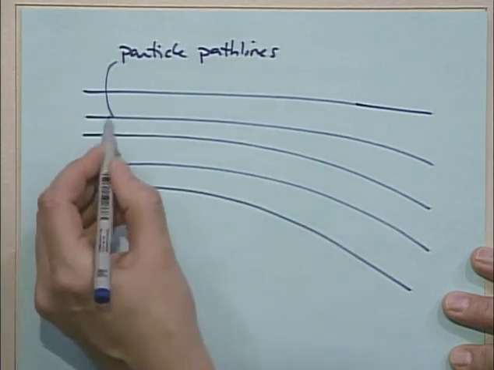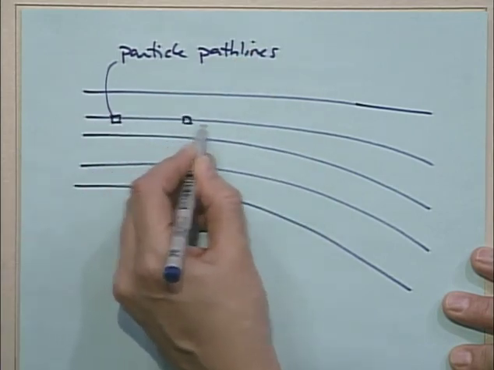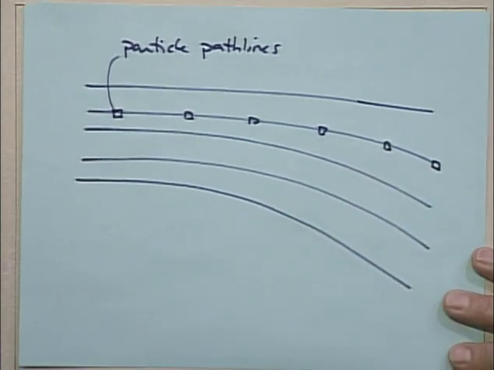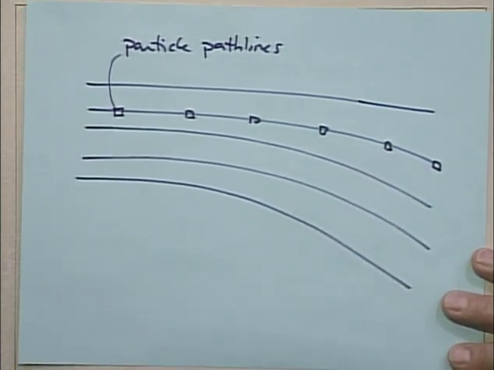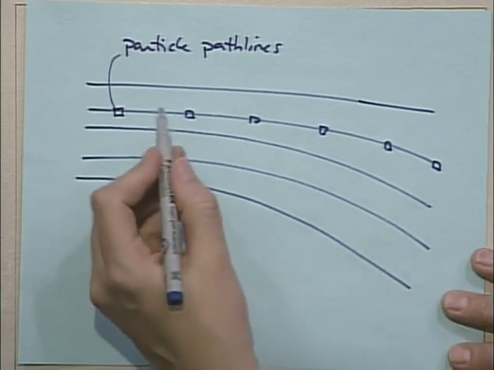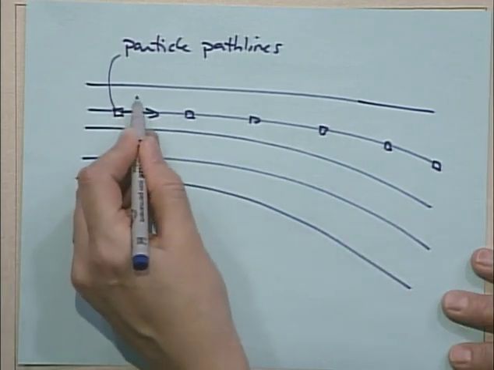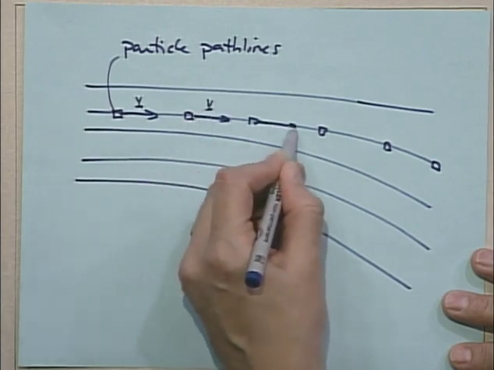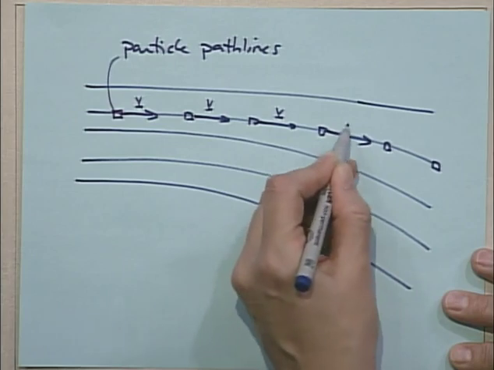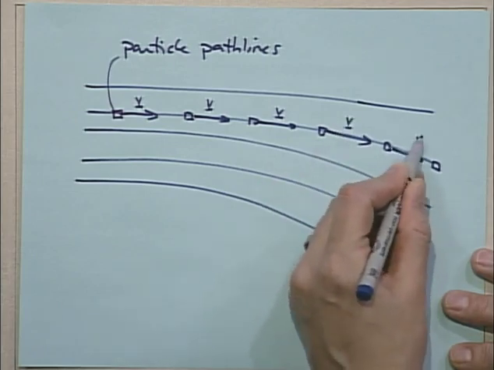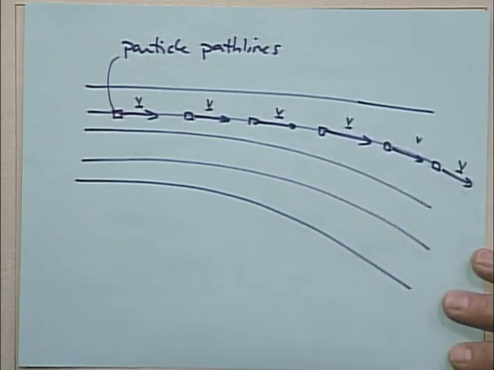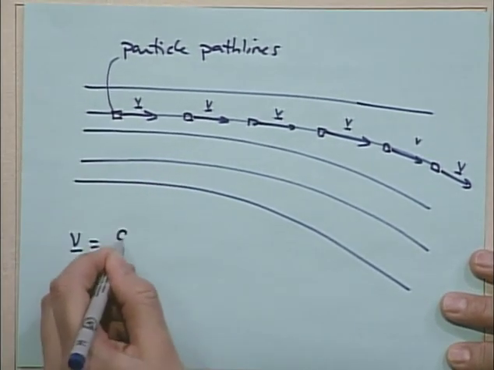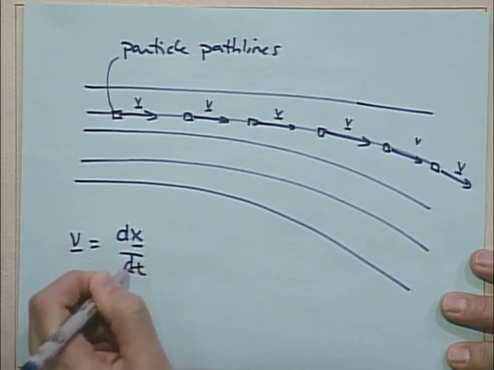So that means that if there's a piece of fluid here, this piece of fluid travels along this path. It's a very particular path. Now along that path, there's a velocity to this particle. So at each of these locations, it has a velocity which is changing. This velocity vector, v, is d the position vector dt.